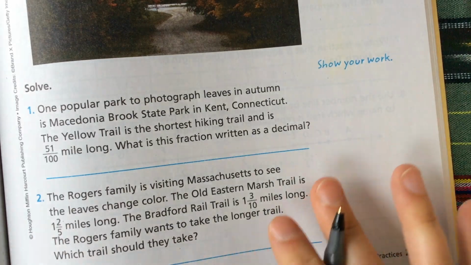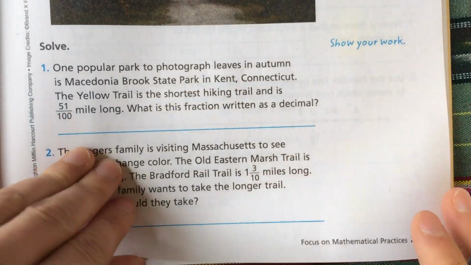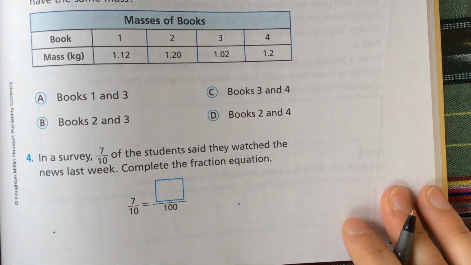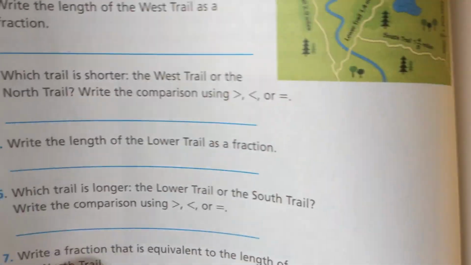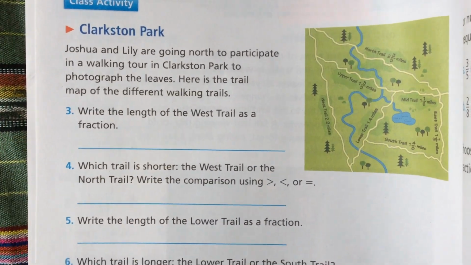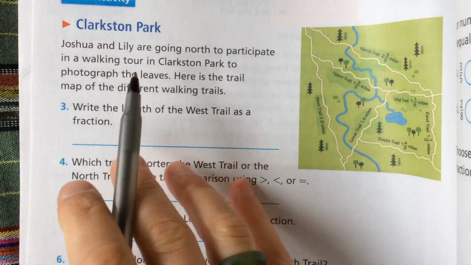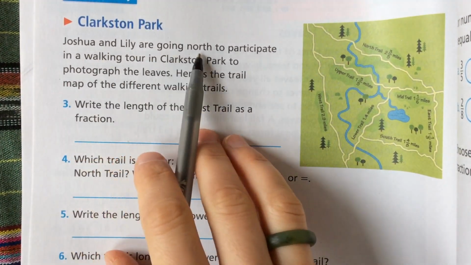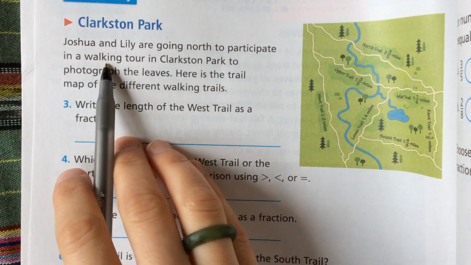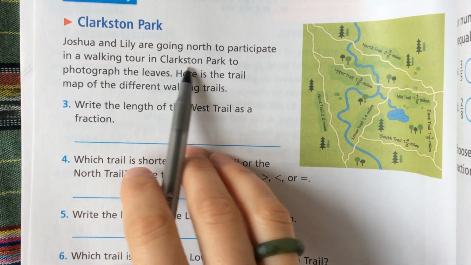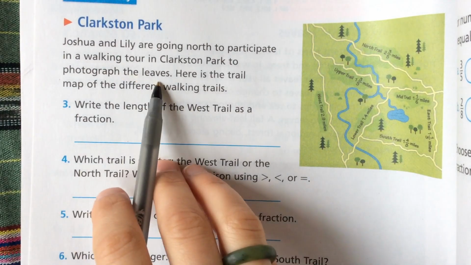Okay, so once you have your answers to page 285, please take a photo and send it to me. We're now going to move on to page 286. And here it says, Joshua and Lily are going north to participate in a walking tour in Clarkston Park to photograph the leaves.